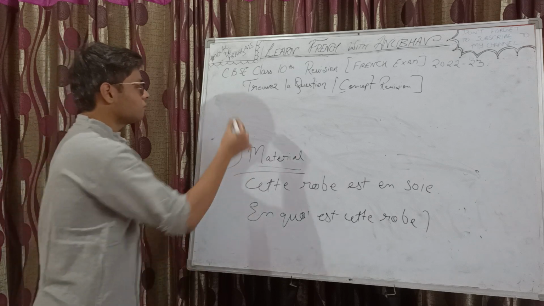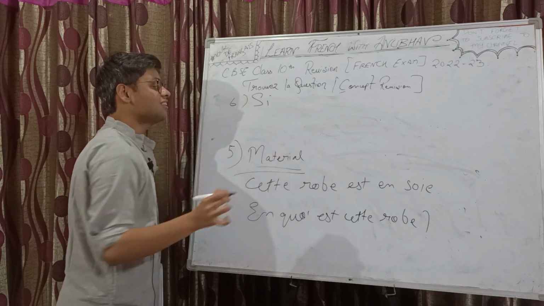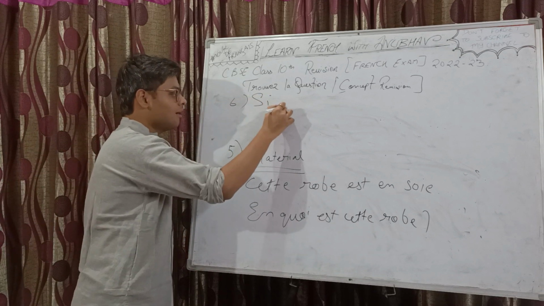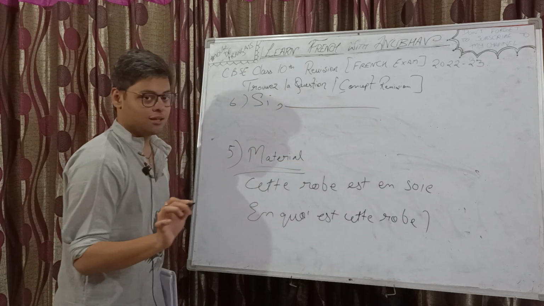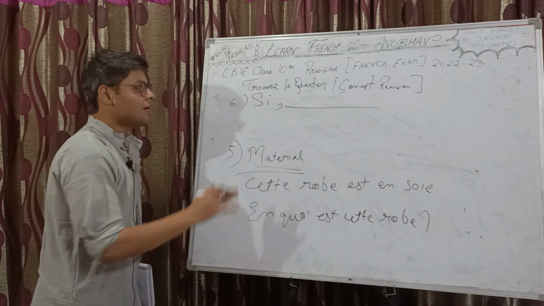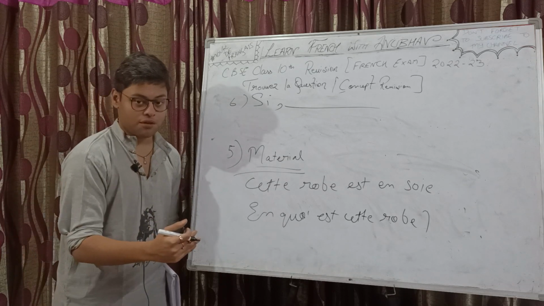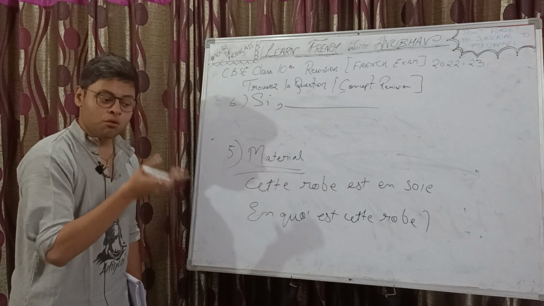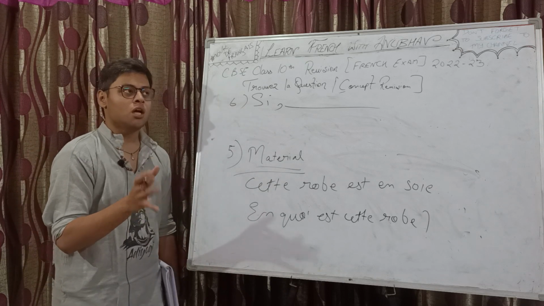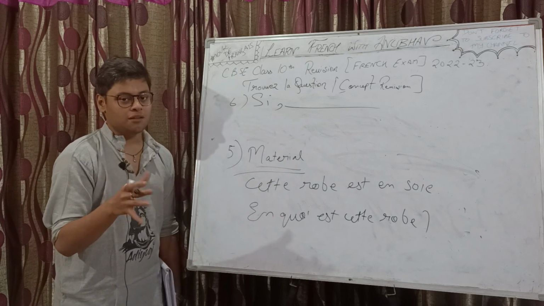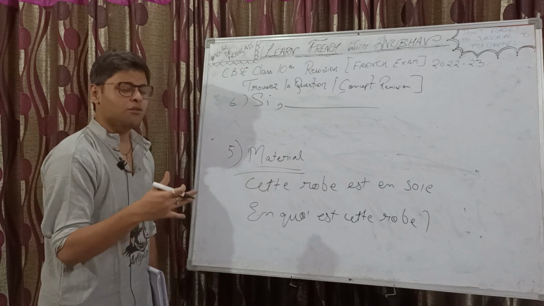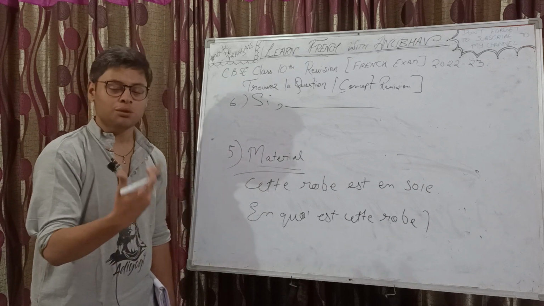Sixth one. The reply has si in it. Si and then an affirmative sentence. When do we reply with si? When the question has been asked in the negative. And when we have to answer in either yes or no, est-ce que is considered to be the best way of interrogation. One of the most common ways, if not the best, the most common one.